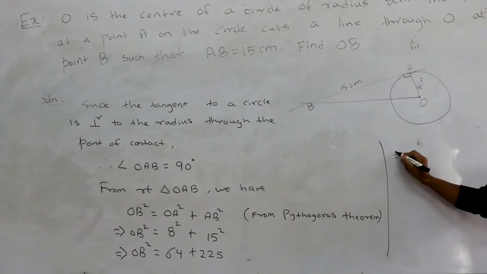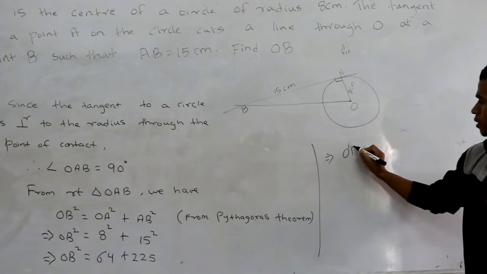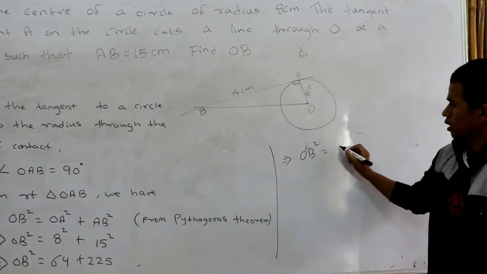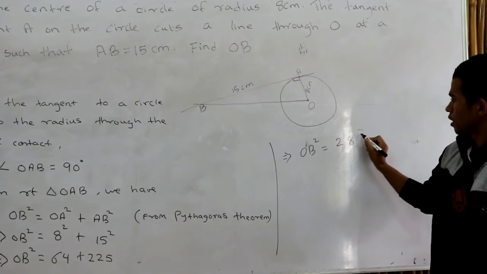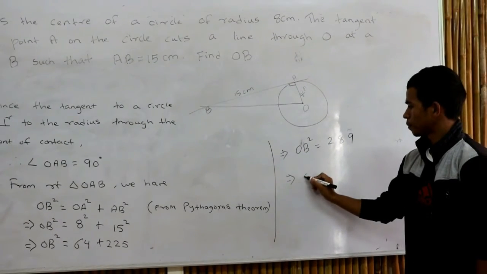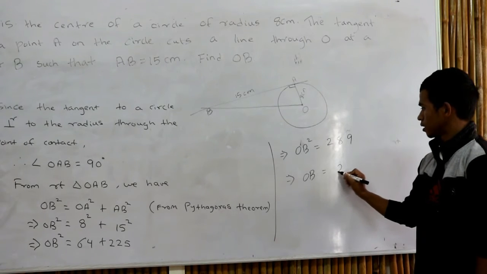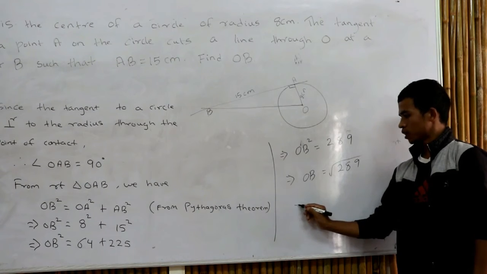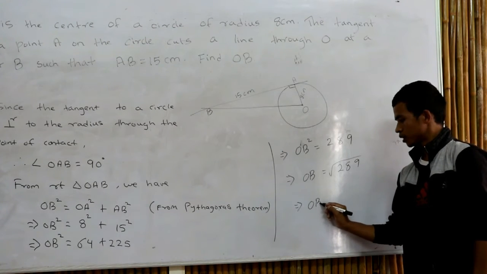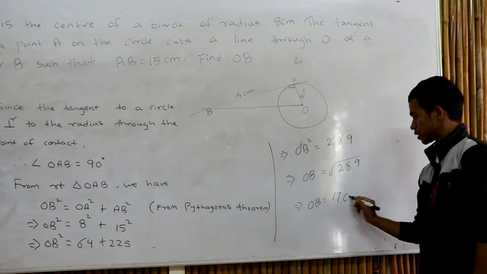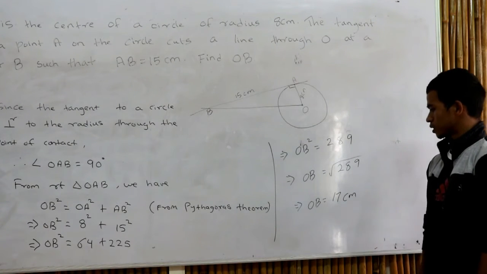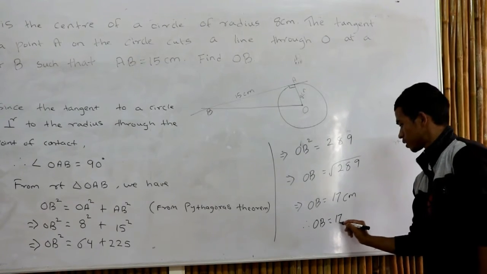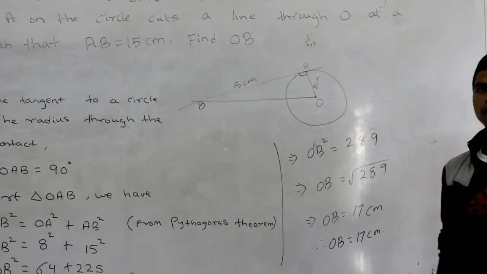So from there we will have this OB square. If you add these two numbers, you will get 289. And you can work out for this one and you will get the answer to be 17 centimeters. So therefore OB is 17 centimeters.